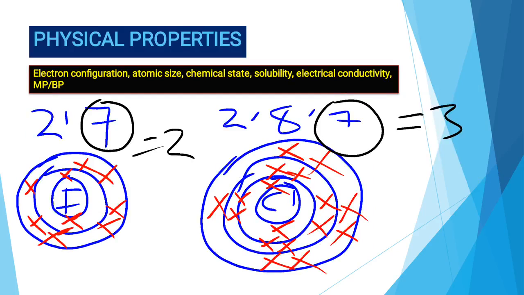Increase in size of the atom results in an increase in the molecular forces. As a result, down the group, the melting and boiling points are increasing. That increase is what results in the first members being gases, the third one a liquid, and the rest solids.